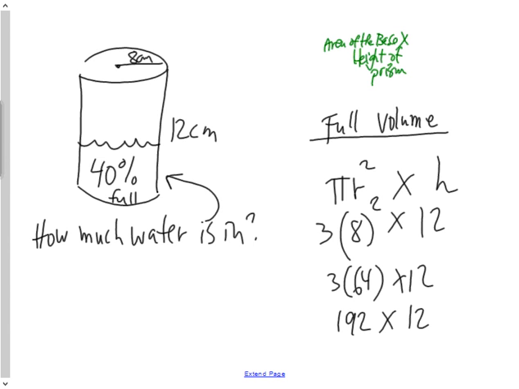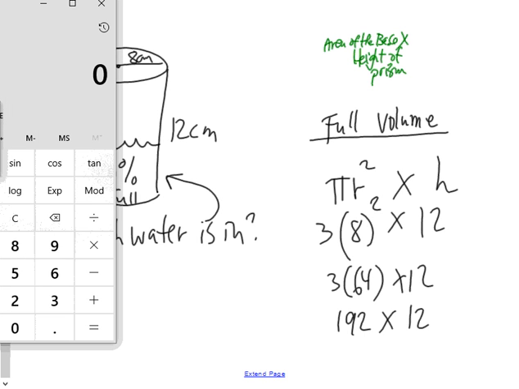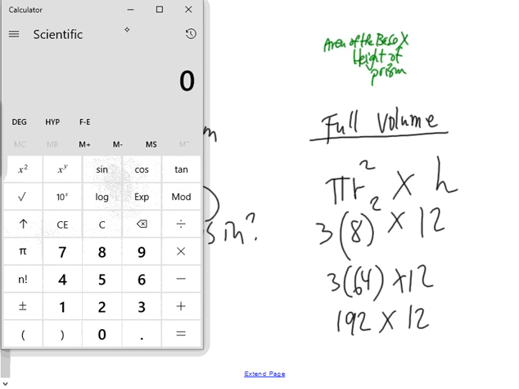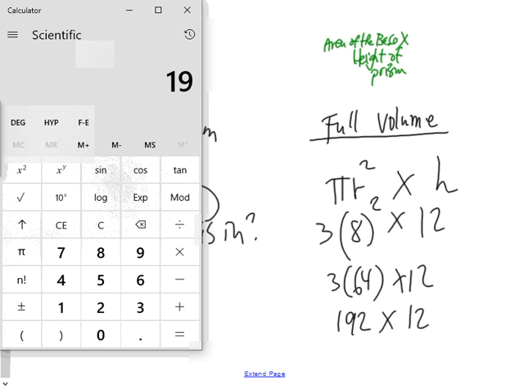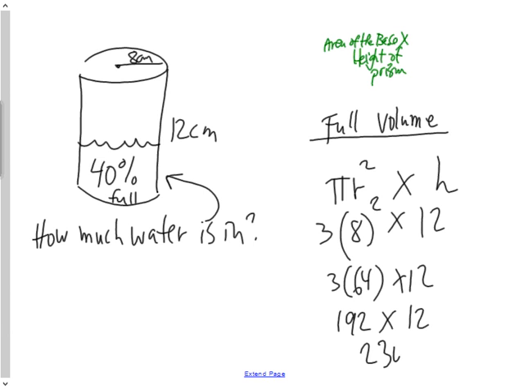So the volume of this one would be 192 times 12. Let's just see if I can do this in my head. No, I can't. Take my calculator. Bring it over here so you can see it. 192 multiplied by 12 gives you a volume of 2,304 cubic centimeters of space that would fit in that cylinder entirely.